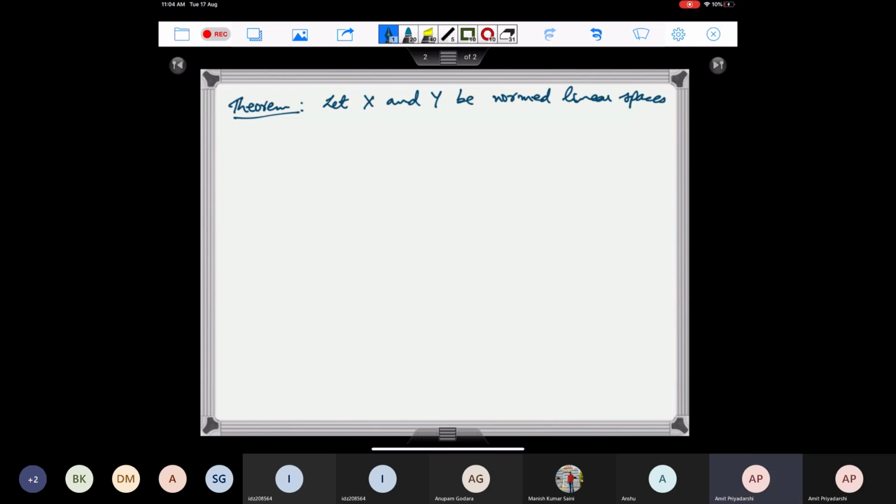Suppose T belongs to L(X,Y). That means we are assuming that T is a linear transformation. Then the following are equivalent.